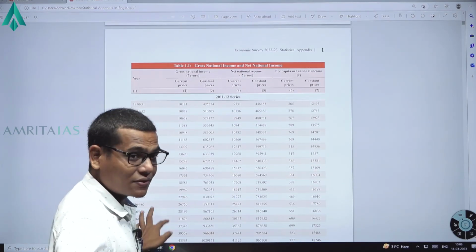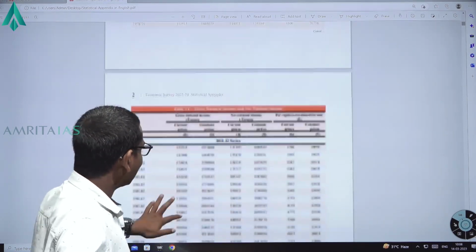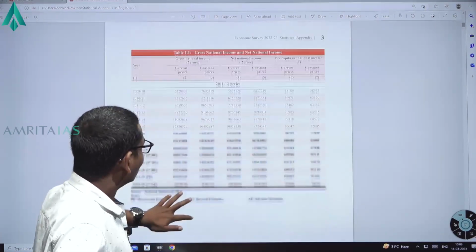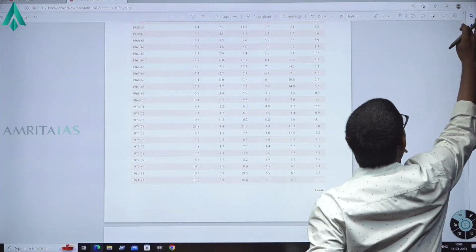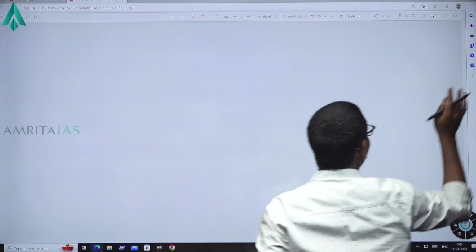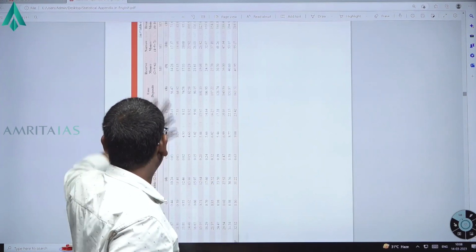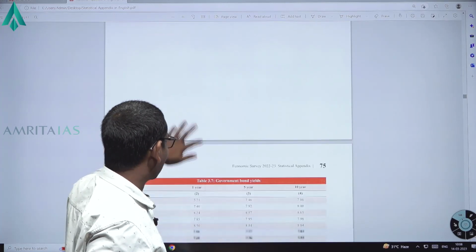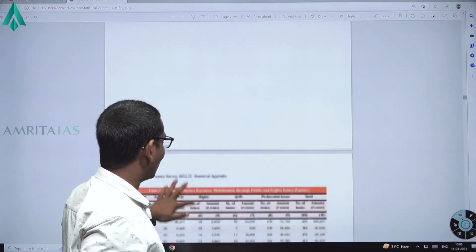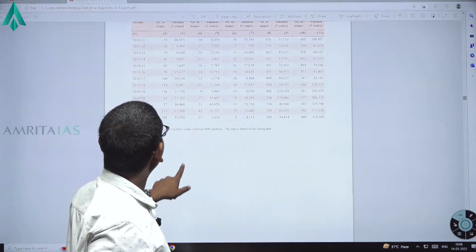Since 1950-51 they have given it. Likewise the whole document has data related to various aspects. So don't search for the data somewhere else. Here the data is available. You can compare and get an idea.